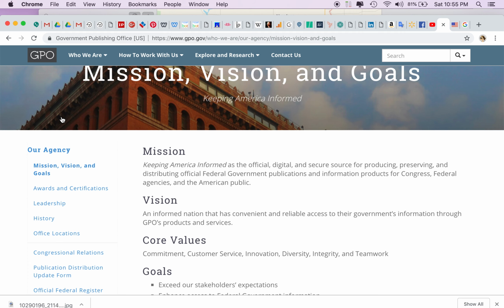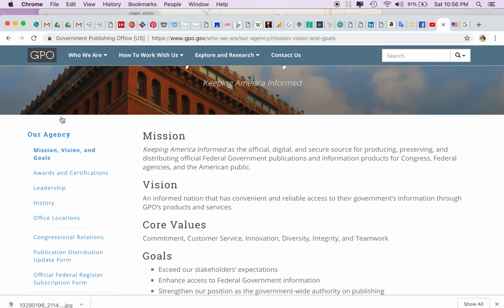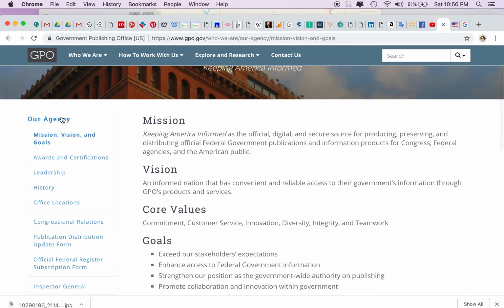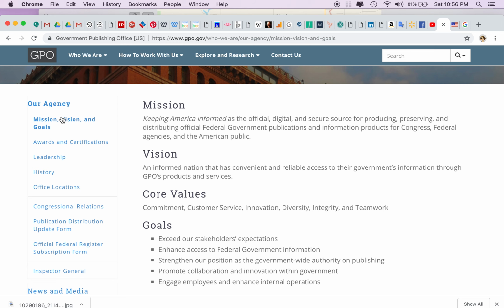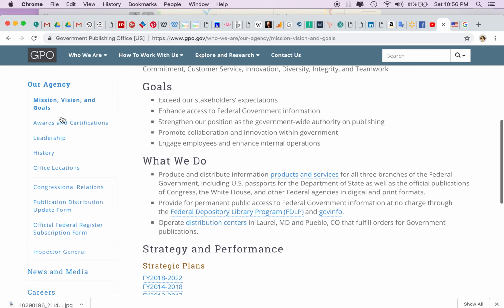So apparently they produce, preserve, and distribute official government publications and information products for Congress, federal agencies, and the American public. What we do, so they cover digital and print formats. Yeah, okay. So they're on there.